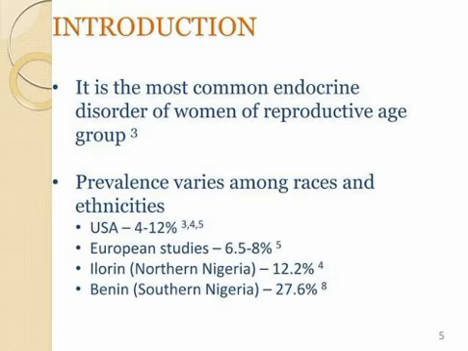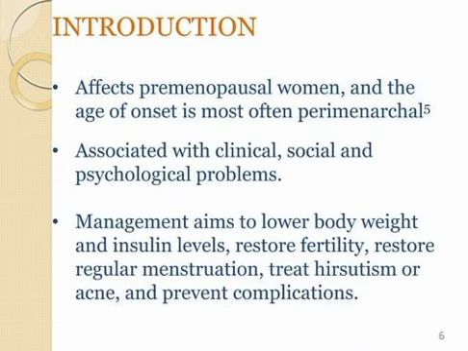Prevalence varies among the races and ethnicities. In the USA, it's about 4 to 12 percent, and in European studies, it is about 6.5 to 8 percent. In Northern Nigeria, it's around 12.2 percent, and in Benin, it's around 27.6 percent. These are the prevalences of polycystic ovarian syndrome in the races and ethnicities.